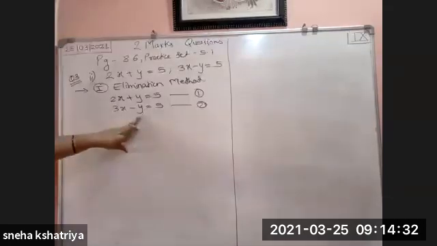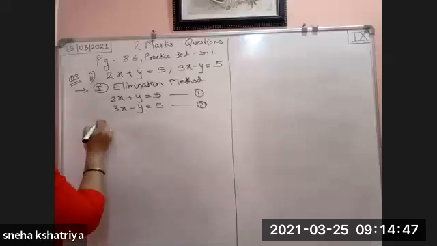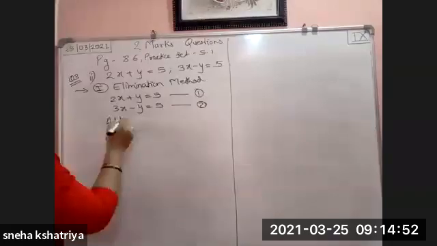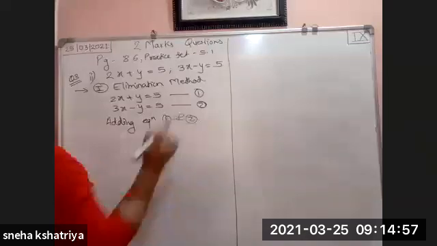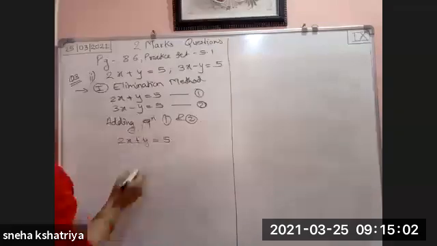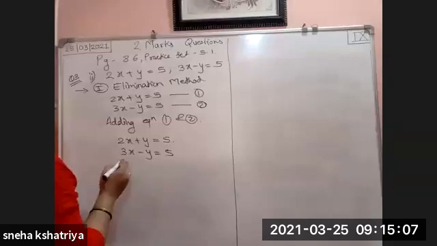Now see here. Same variable, opposite sign. It is already given in the question. So you don't have to do any multiplication or any changes. Directly if you add, this plus y and minus y will get cancelled. So we add equation 1 and 2. 2x plus y is equal to 5, 3x minus y is equal to 5.